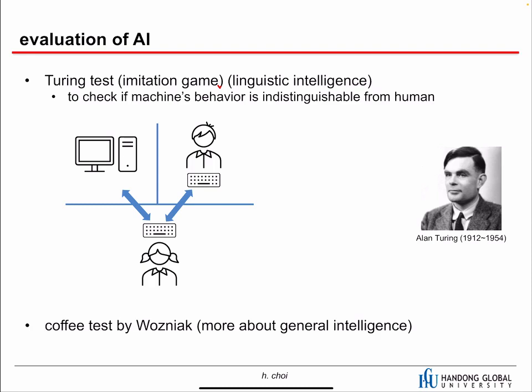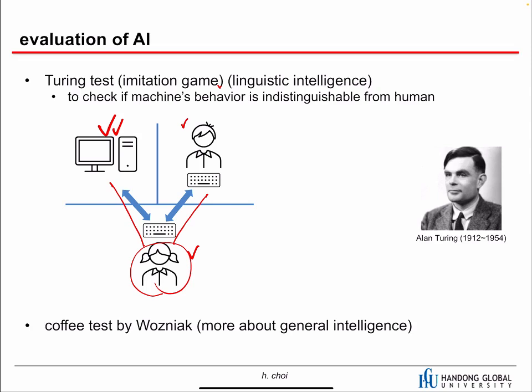It checks if a machine's behavior is indistinguishable from humans. So this person is communicating with the computer and also with the other person, and if this person gets confused about who is who, then we can say this computer passed the Turing test. Okay, this is a simple idea, but still we can use this kind of idea a lot.